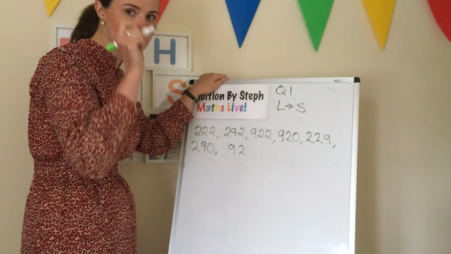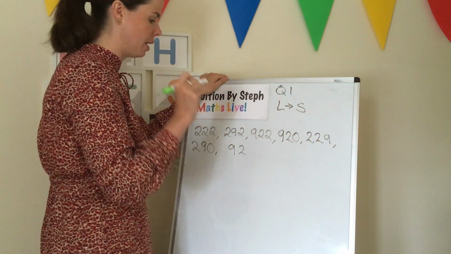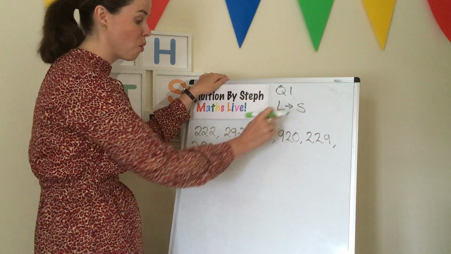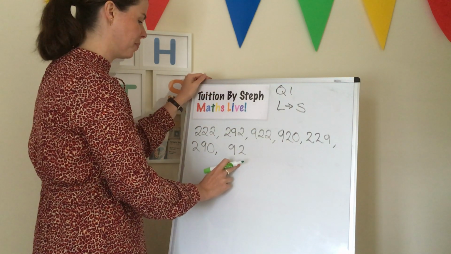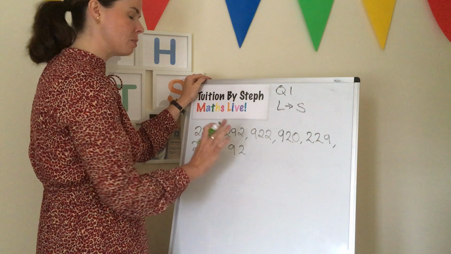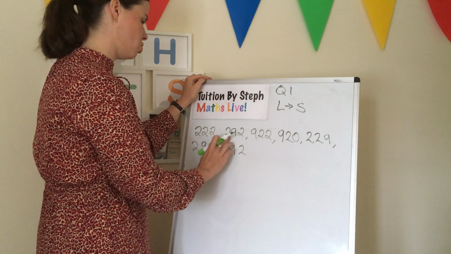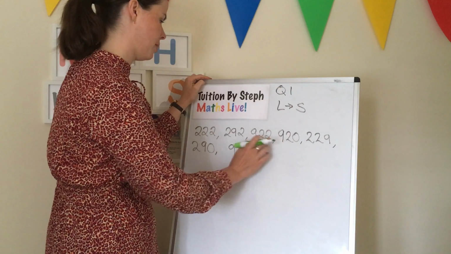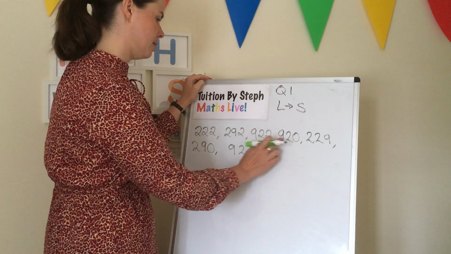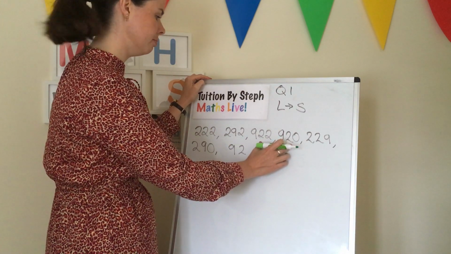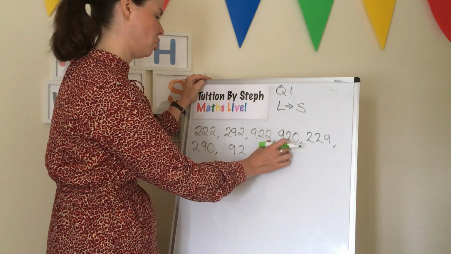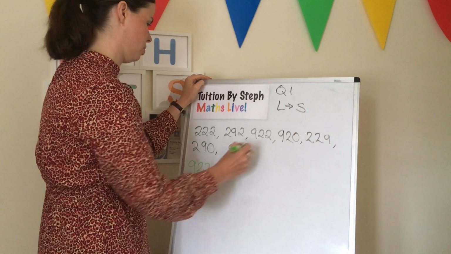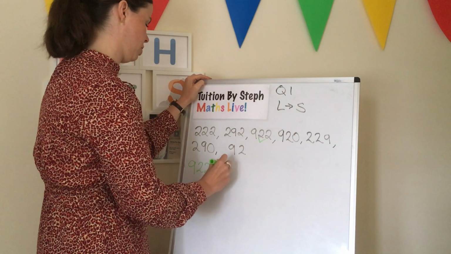You could, if you wanted to, just cross that out on your page. So actually, that is 92. I'm going to remember that. I know already that's my smallest number. Right, so the rest of them are 3-digit. Right, it's one of these two that's the biggest. Tens, both 2. Right, the ones, we've got 2 ones here, no ones here. So 922 to start, and then 920.